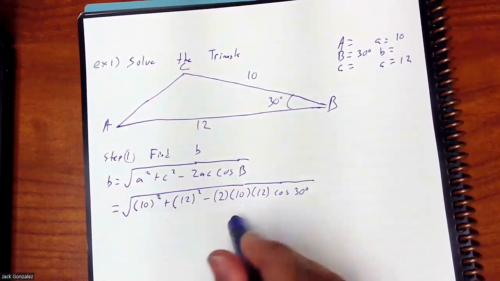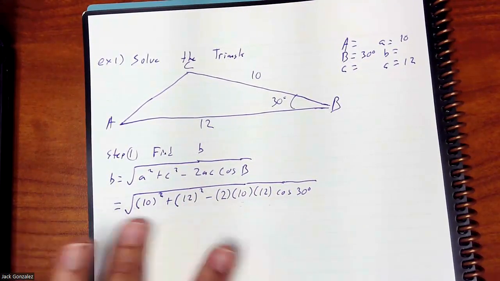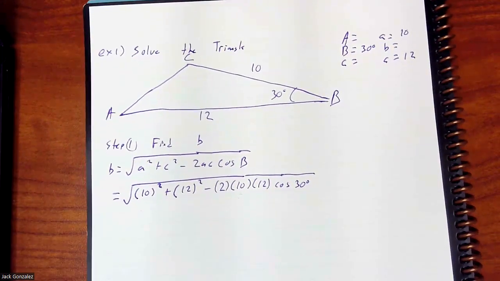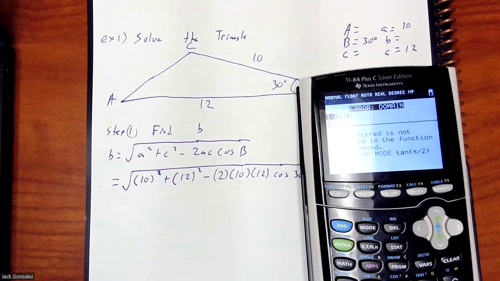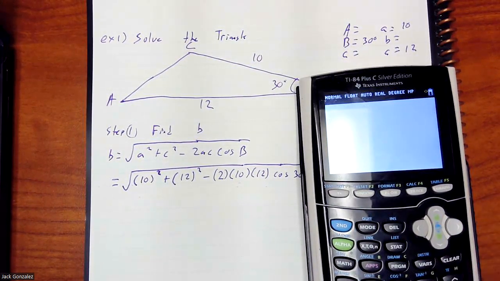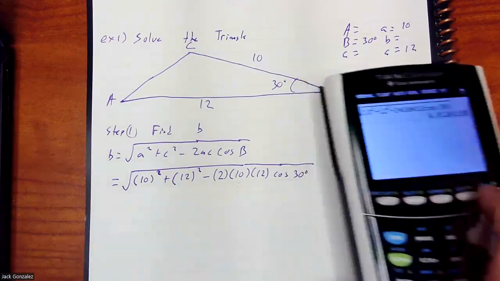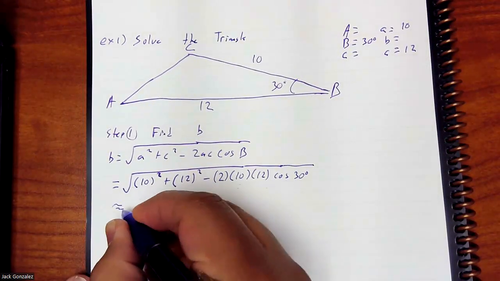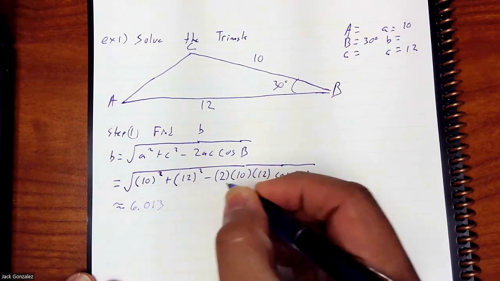Make sure you're in degrees. It should come out to like 6 something. 6.0128, or rounded to, I don't know, 6.013.